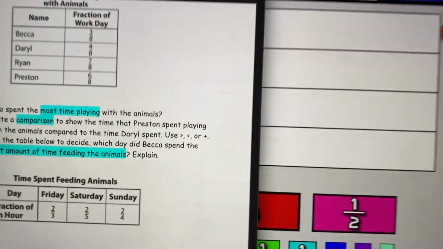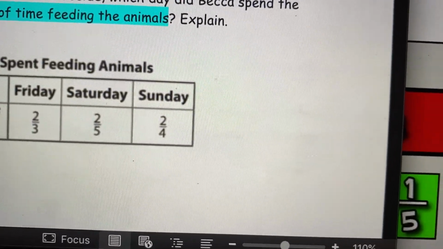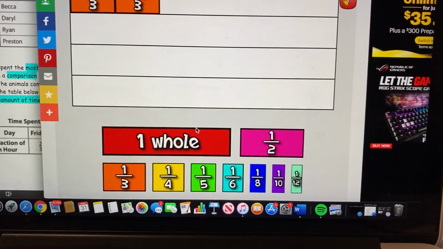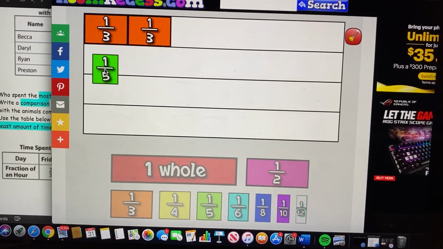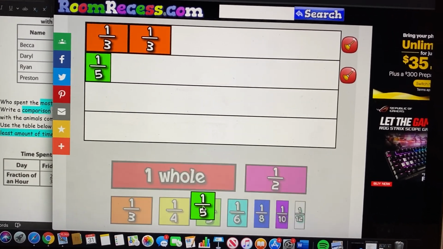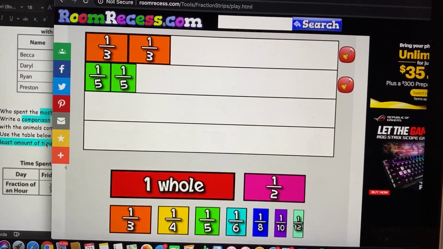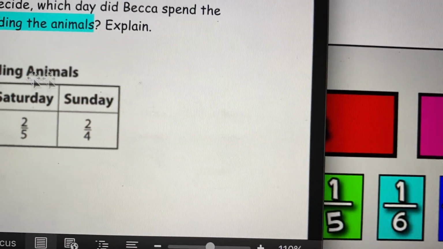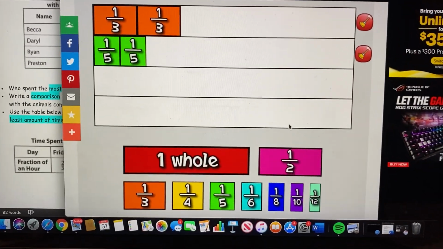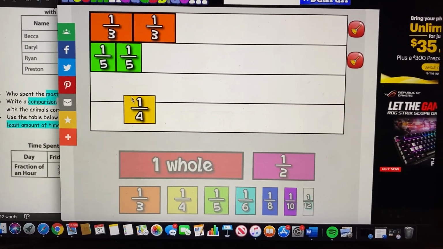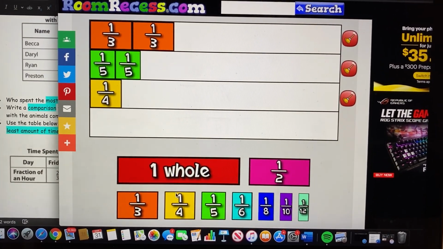And it says here for Saturday, she had 2/5. So I'm gonna go to 1 and 2. And then on Sunday, she did 2/4. So we're gonna do 1 and 2.